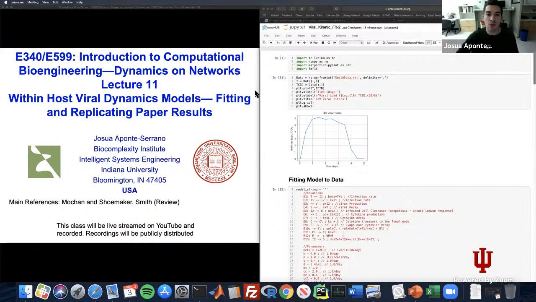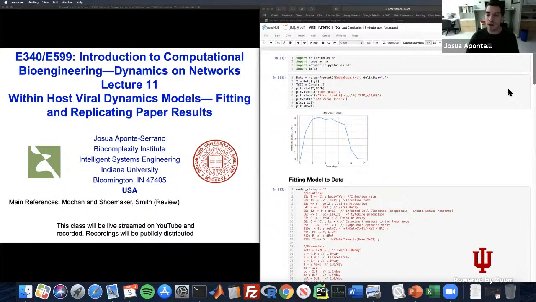What we will be doing today is that we will take the model, because we constructed the model with the explicit intention of having it fit the specific phases of the viral load that were collected by Amber Smith.